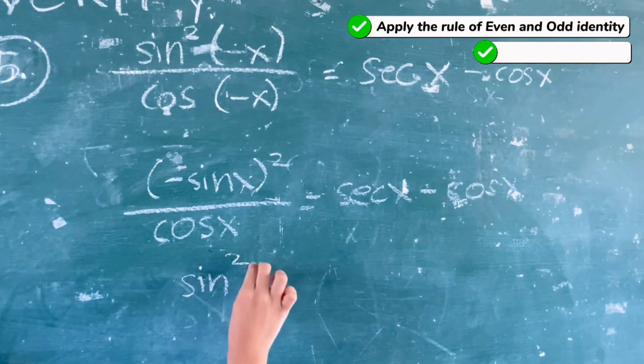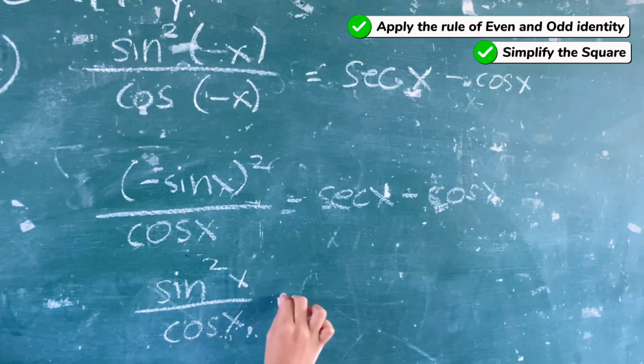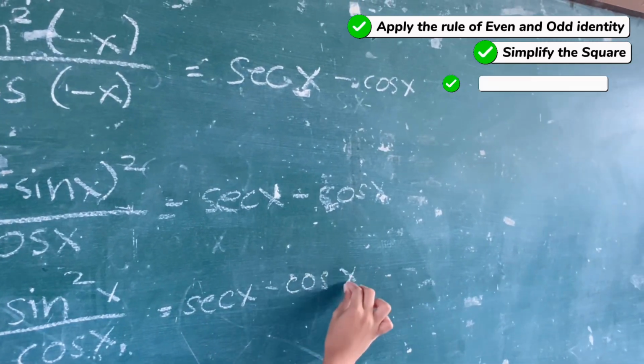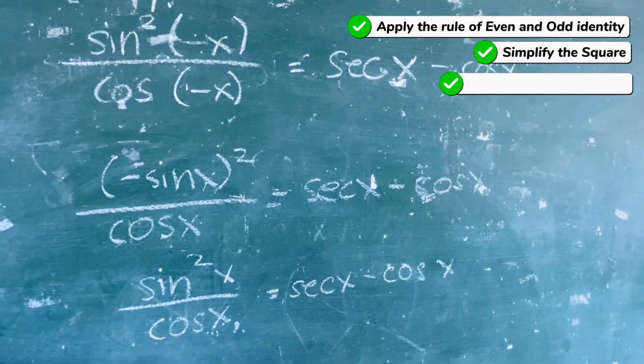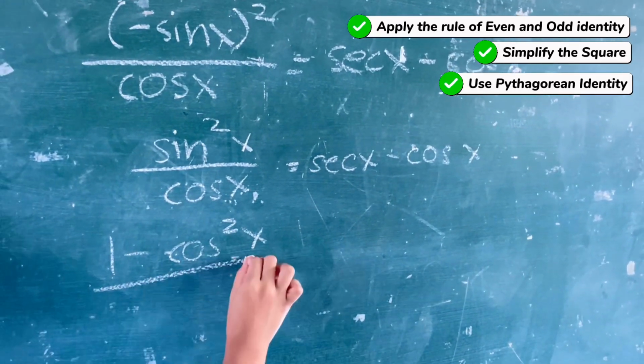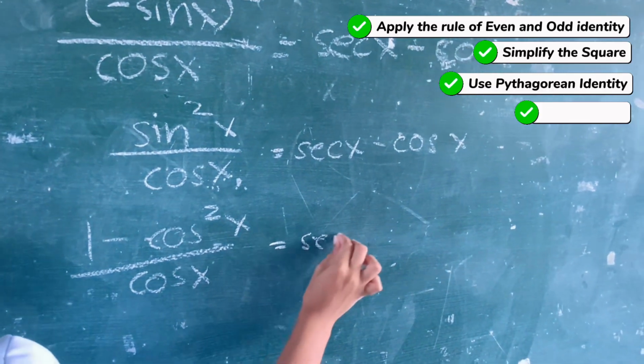Next is to simplify the square. So it will become sine squared theta over cosine theta. And since sine squared theta has a Pythagorean identity, we can write it as 1 minus cosine squared theta over cosine theta.